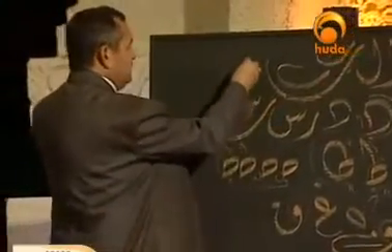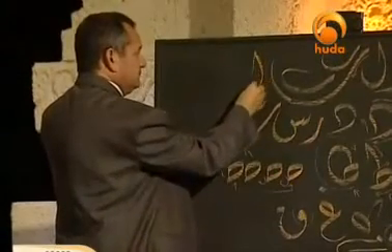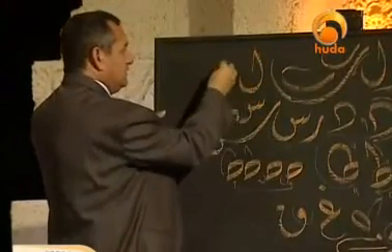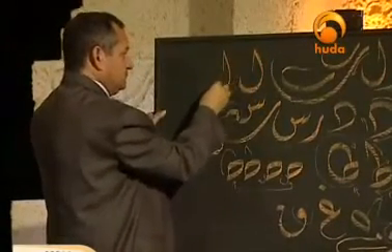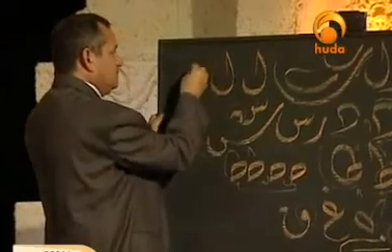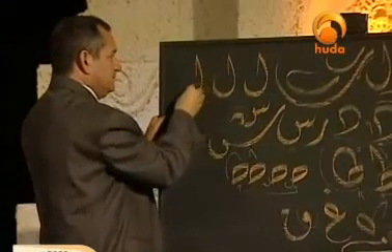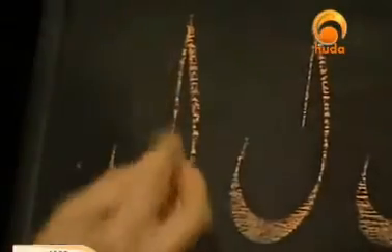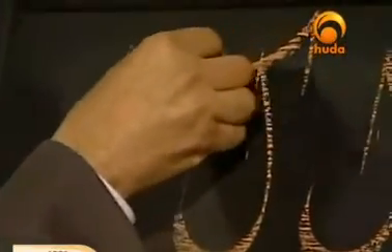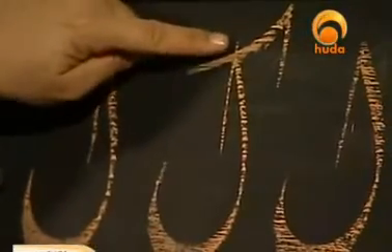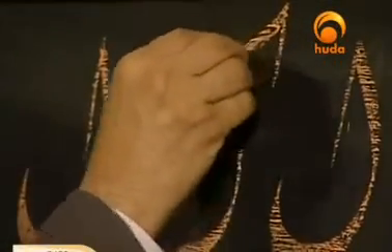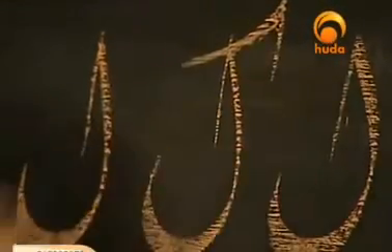Kaf, we have to make it like alif. We have alif and kaf and lam. Kaf, we have to make a part like this from up. But it's the same shape.